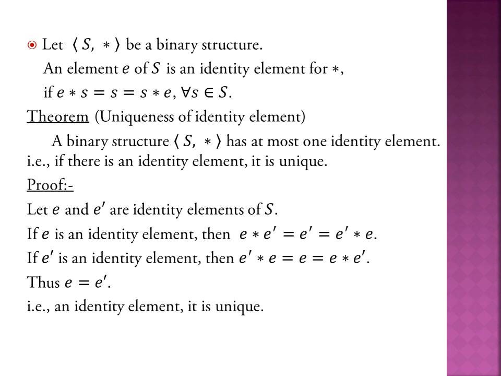If we let e dash be an identity element, then e dash star e equals e, which is equal to e star e dash. Thus, we get e equals e dash from the two equations. That is, an identity element is unique.